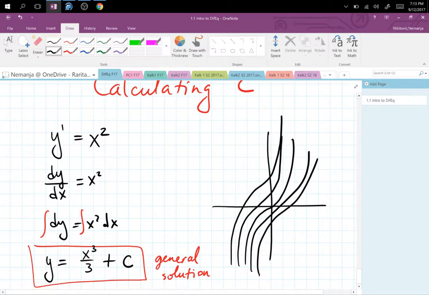The reason is that all of these functions are answers. What is the purpose of this plus C? What does it do? The plus C, you learned this in your PreCalc 1 class. What happens when you put plus or minus a constant? What happens to a function?